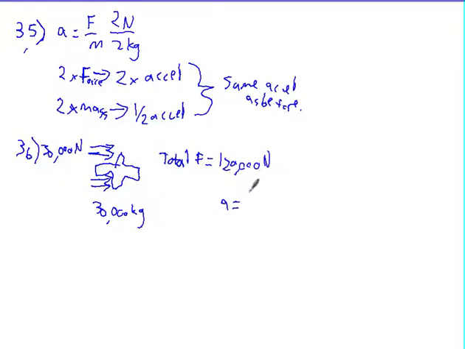Acceleration equals force divided by mass. It's just different applications of the same thing. 120,000 newtons, the force, divided by 30,000 kilograms, the mass, equals 4. What's the unit? Meters per second every second. So with every second, it will gain a speed of 4 meters per second.